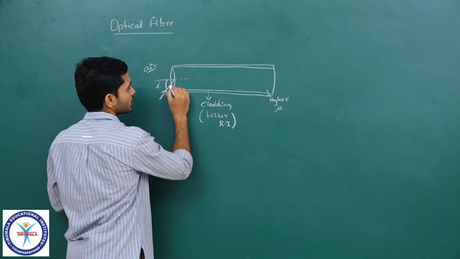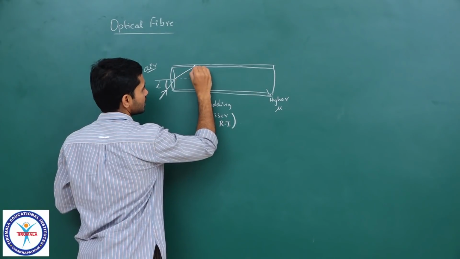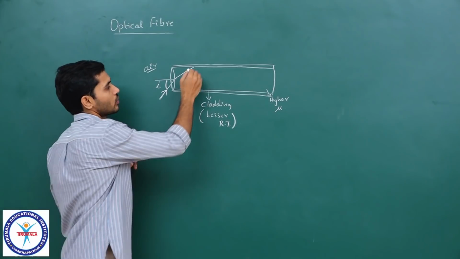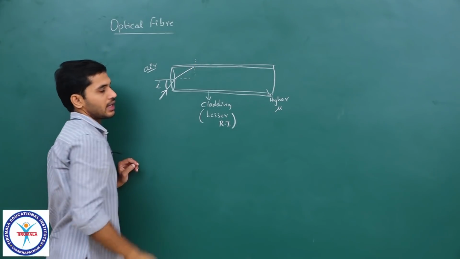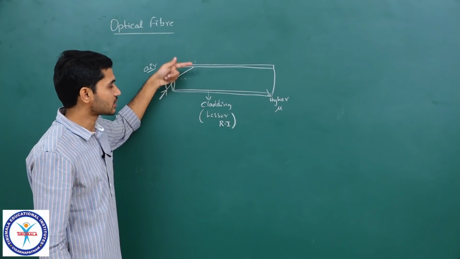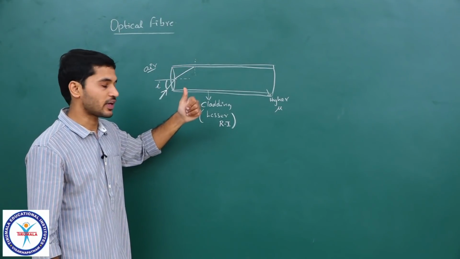If this is the normal, the light ray enters here and strikes this interface, right. Now, if I draw a normal here, as I told you, this medium has higher refractive index and the surrounding medium has lesser refractive index.